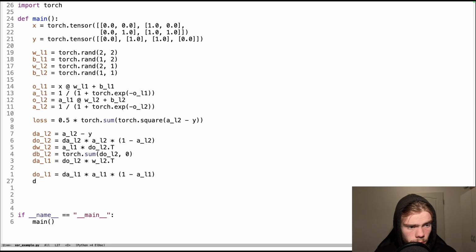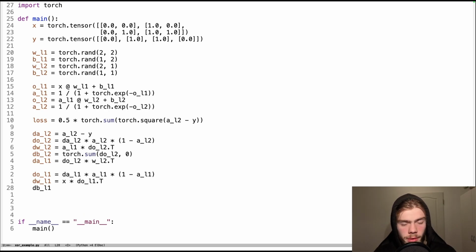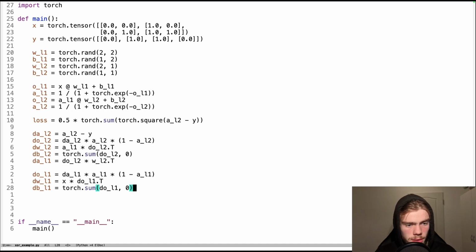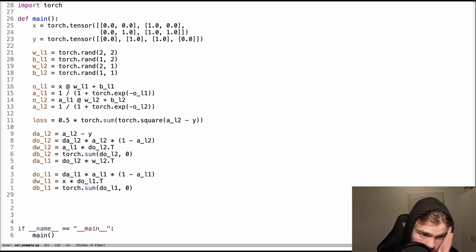Now the derivative of the loss with respect to the weights of layer 1, that is the x, the input of the layer, times the derivative of the loss with respect to the output of layer 1 transposed. The derivative for the bias is equal to the torch.sum of dOL1, and also column-wise. And dx we don't need.